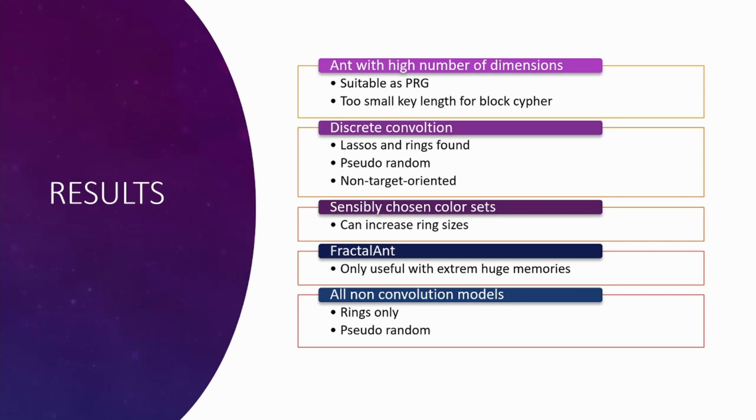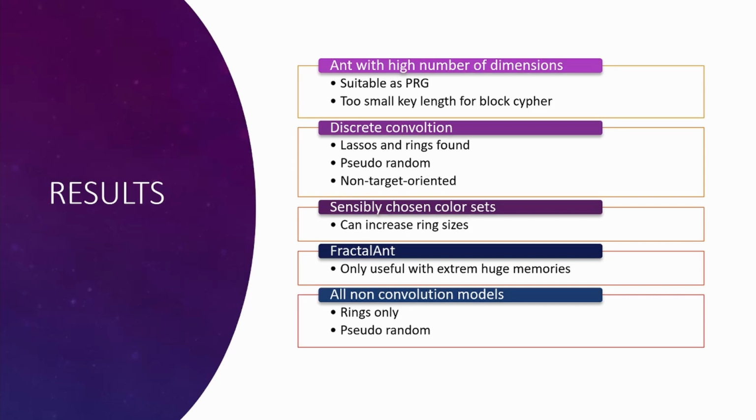Then I have noticed that when you're using multicolor sets and you choose them in a good way, it works, but you can choose really bad color sets and this will not work at all. For example, if you choose only zeros in the color set, you're always turning left. That means you're always on the same four memory cells and will never leave them. That's really bad.